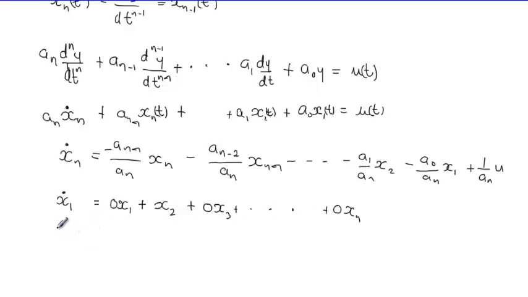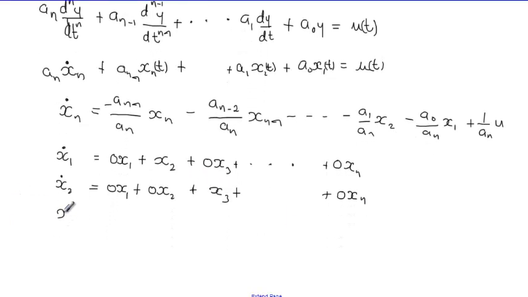Then our x2 prime was equal to x3, so you can write here plus x3, which means that you put coefficient 0 for x2 and coefficient 0 for x1, and that's that, plus the rest of the 0 coefficients plus 0xn.